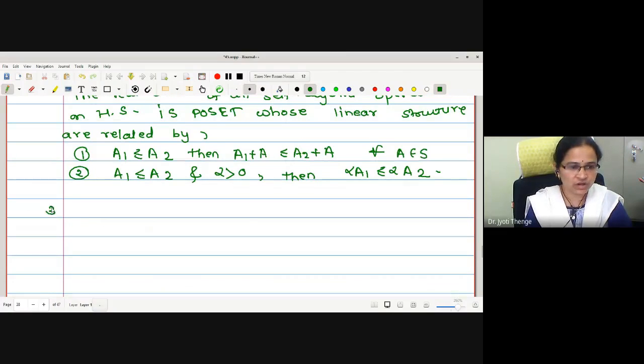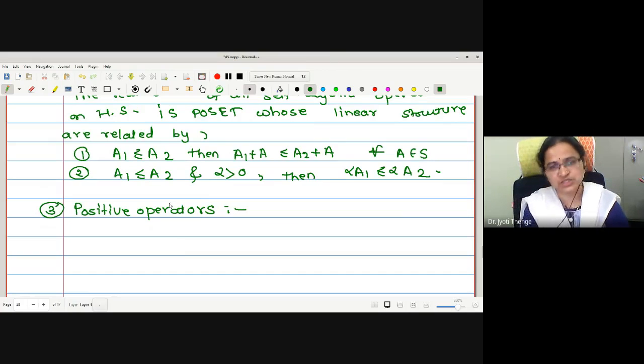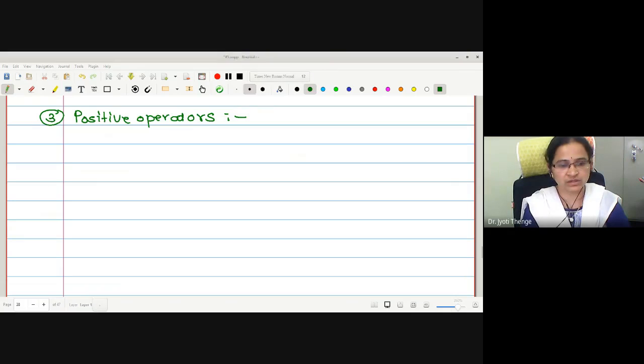Let me go for the third definition, called positive operators. Now this property is specially for self-adjoint operators.